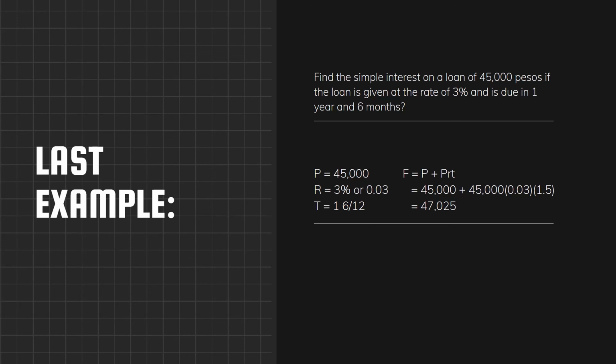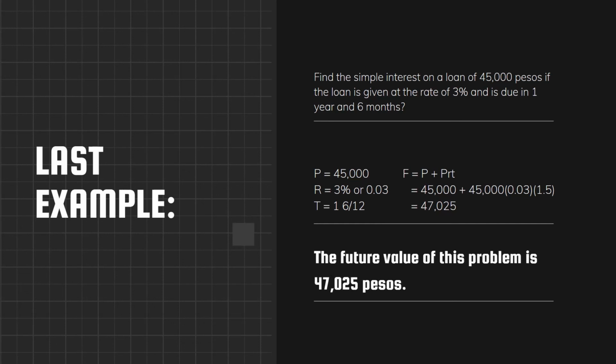F equals P plus PRT equals 45,000 plus 45,000 times 0.03 times 1.5 equals 47,025. Therefore, the future value of this problem is 47,025 pesos.